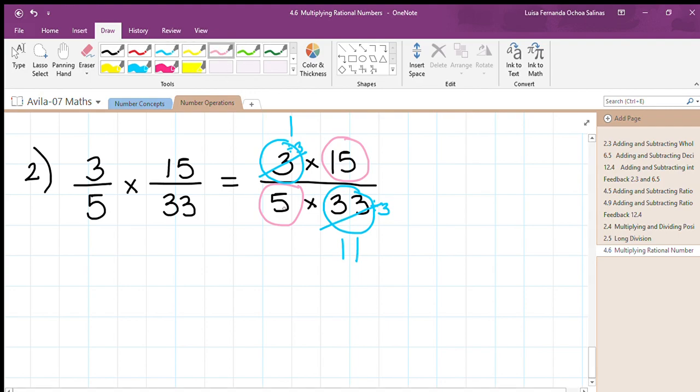And the 5 and the 15, I can divide both of them by 5. So on top, this one is going to become a 3, and this one is going to become a 1. And now what is going to be my answer? 1 times 3, which is 3, over 1 times 11, which is 11.